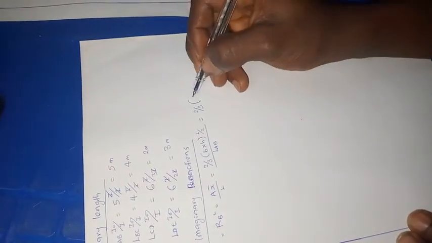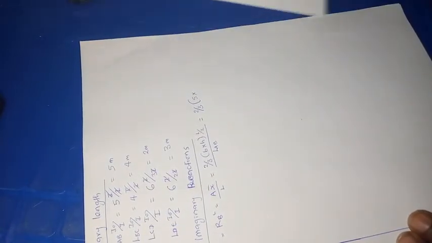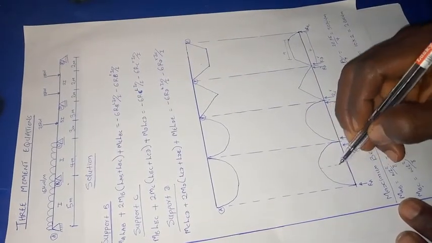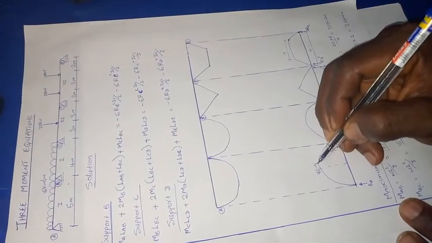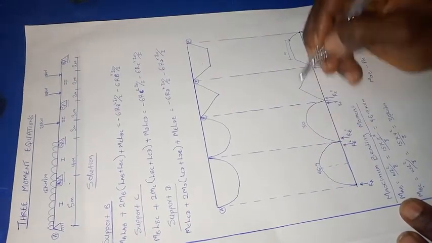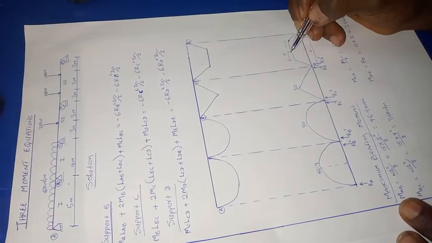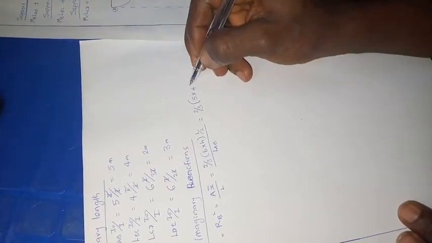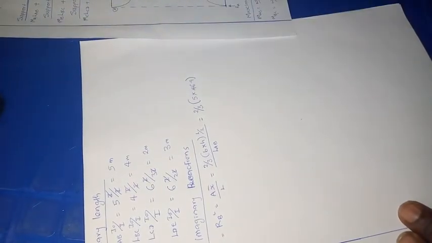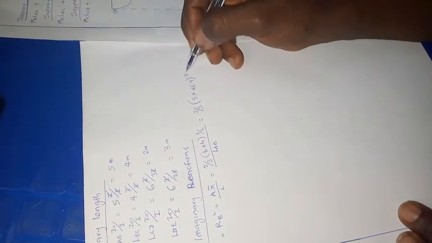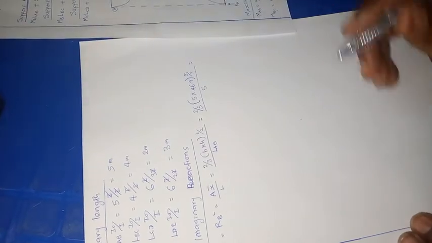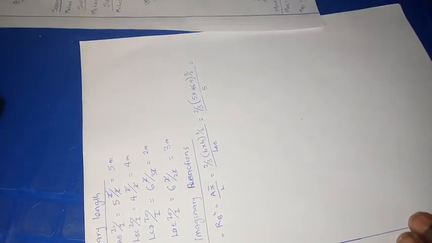The breadth is 5, and the height that we calculated for A to B is 46.9, and this is 30 kilonewton, this is 30 kilonewton, and this is 20 kilonewton meter. Then my height is 46.9 multiplied by the length, which is still 5, that is 5 divided by 2, all divided by 5. If you calculate that, we'll have a value. So let me proceed ahead to the next one.